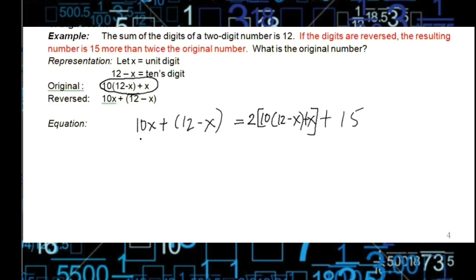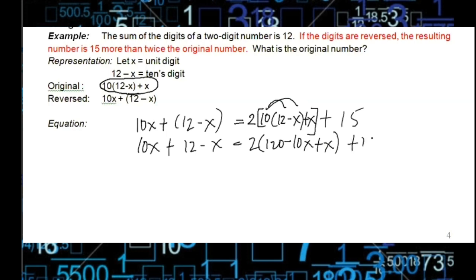So when you compute this, 10x plus 12 minus x is equal to 2, and do the parentheses first. Distribute one by one. Okay, 10 times 12, 120. Minus 10 times x, 10x. Then copy positive x. Okay, then close, plus 15. And then afterwards, bring down 10x plus 12 minus x is equal to 2 times 120, 240.